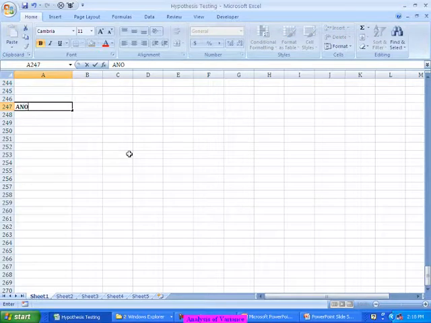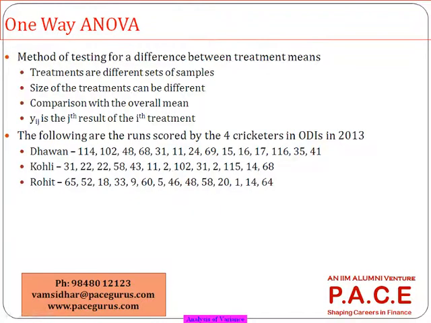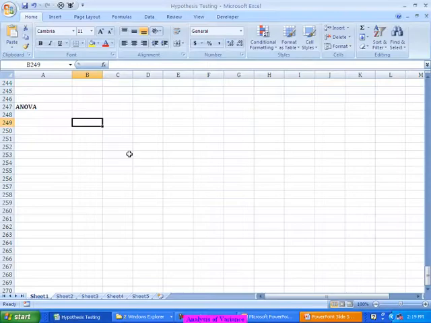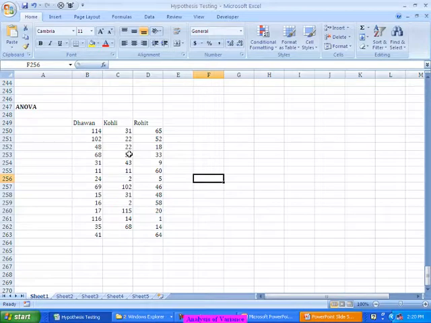We would like to work out the complete ANOVA on these three. All right. Let me just copy the data. Let's say I have this kind of data for these three players.